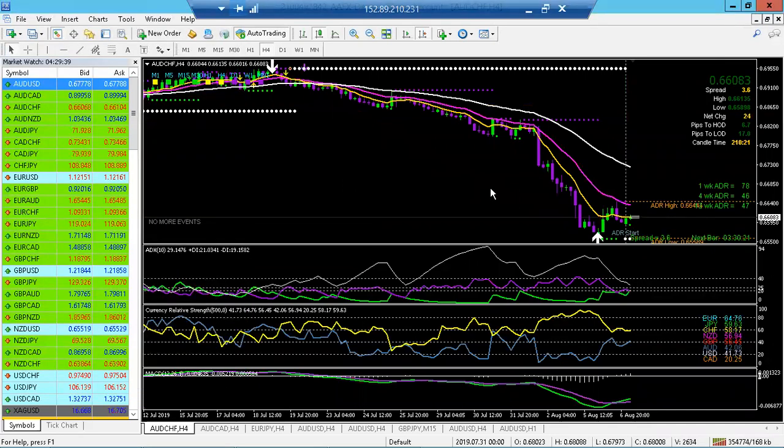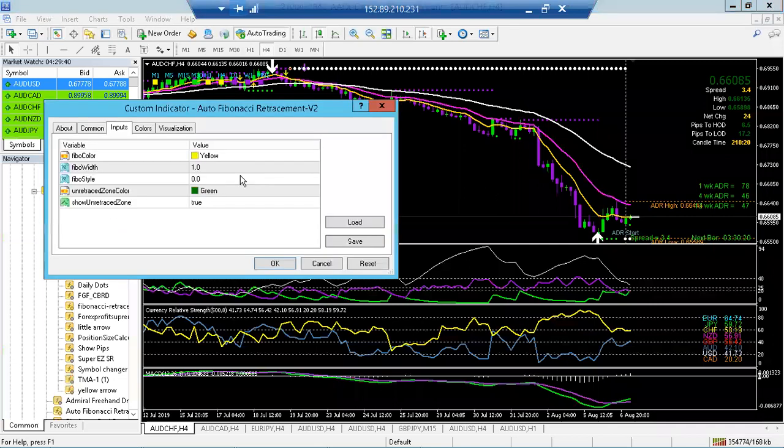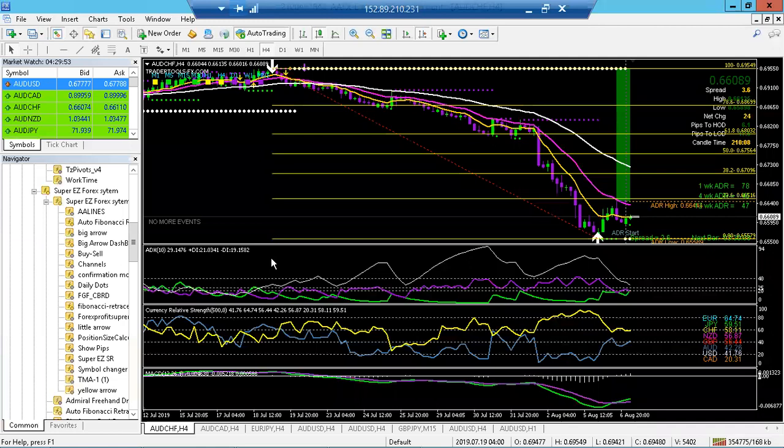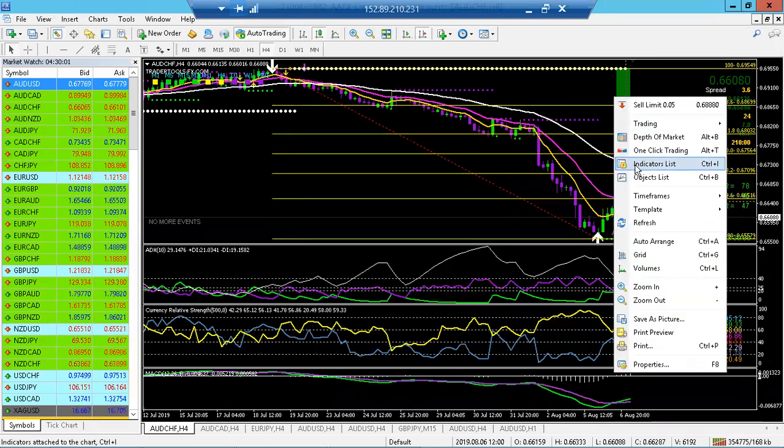How do you get it to be vertical like that? Mine is horizontal. Wait a minute. So this right here on your chart is horizontal? Do you mean take off the green part? Yes, I can.